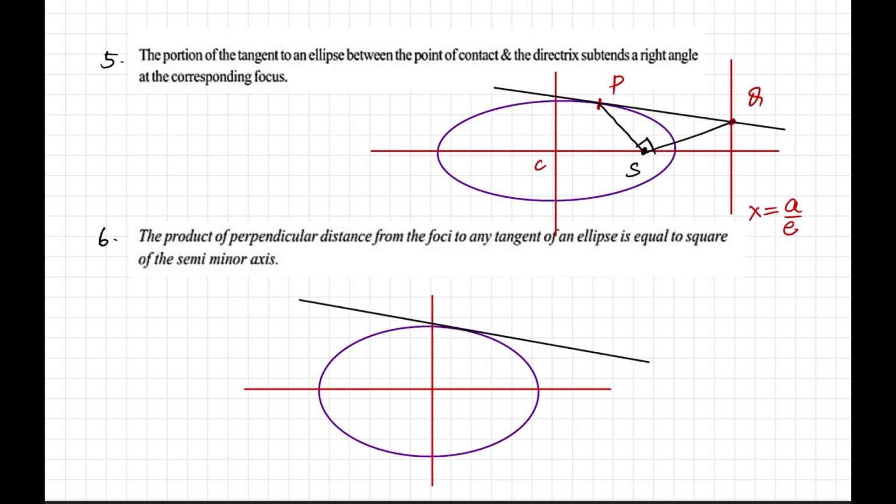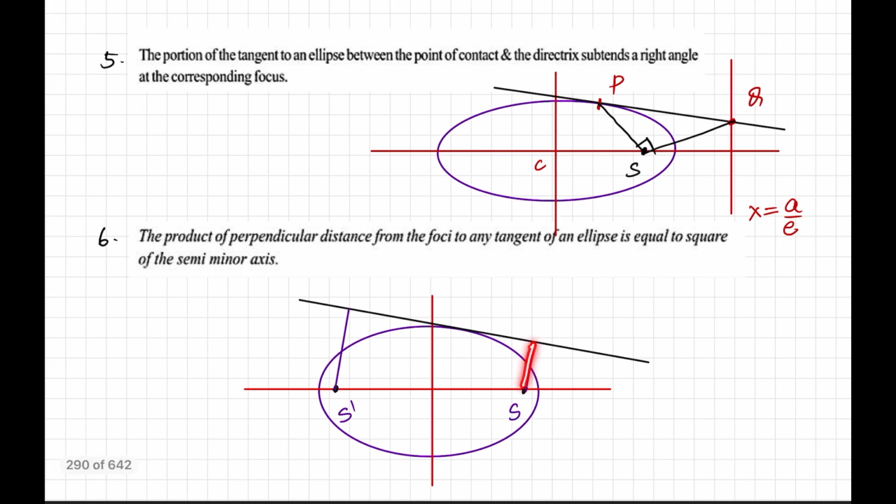So this is say the tangent and the two foci would be somewhere here and here say. तो ये क्या कह रहा है, ये कह रहा है the product of perpendicular distances from the foci to any tangent. So this is let us say any tangent. दोनों फोकाई से हम इस पे परपेंडिकुलर ड्रॉप कर लेते हैं. परपेंडिकुलर from S dash and here we have a perpendicular from let us say S.